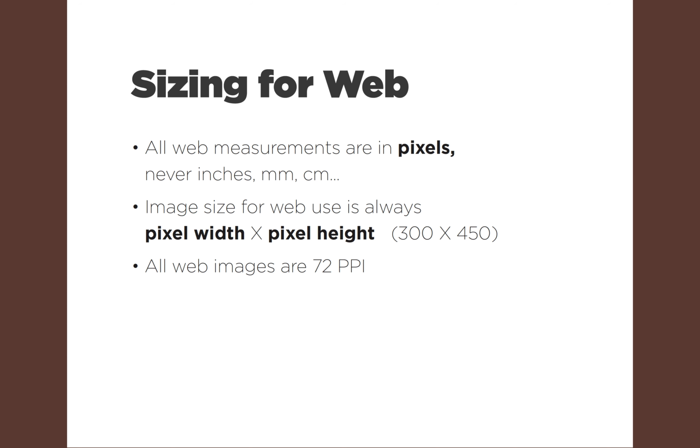Third, it tells me that it's going to be 72 pixels per inch. And fourth, it is going to be in RGB mode, and we're going to talk about color mode. But those are the 4 things that something tells me when somebody tells me, I need this for the web. Measured in pixels, and is going to be 72 pixels per inch, and it's going to be in RGB mode.